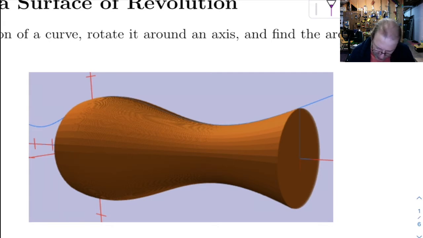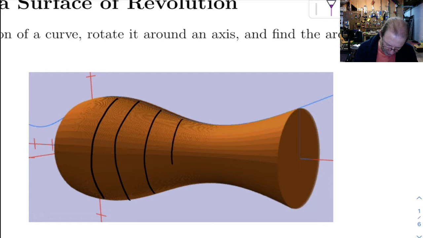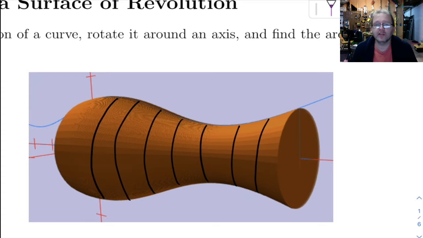And the idea is, to compute the surface area, we want to take it and cut it up into bands like this. I'm drawing them pretty wide here, but of course the idea is we're eventually going to shrink those bands down to basically zero length and add all those up using an integral.